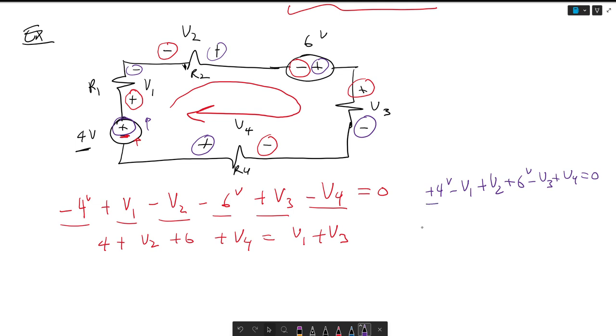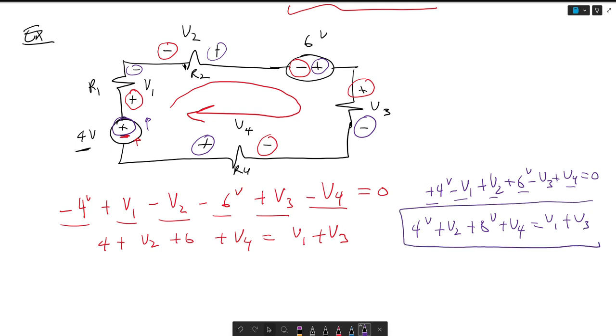And you will see that you would get 4 volts plus V2 plus 6 volts plus V4 is equal to V1 plus V3. So essentially, depending on what you want to choose to do, you get the same results.